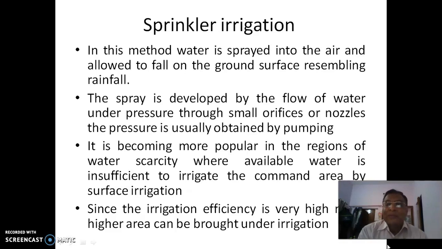The spray is developed by the flow of water under pressure through small orifices, also called nozzles. The pressure is usually obtained by pumping.